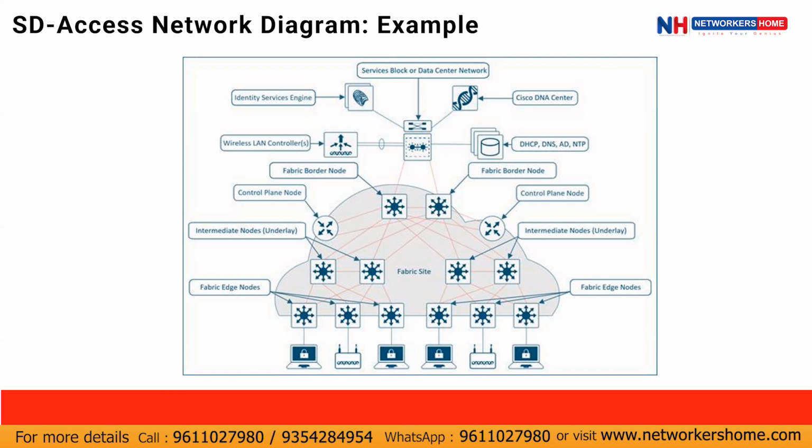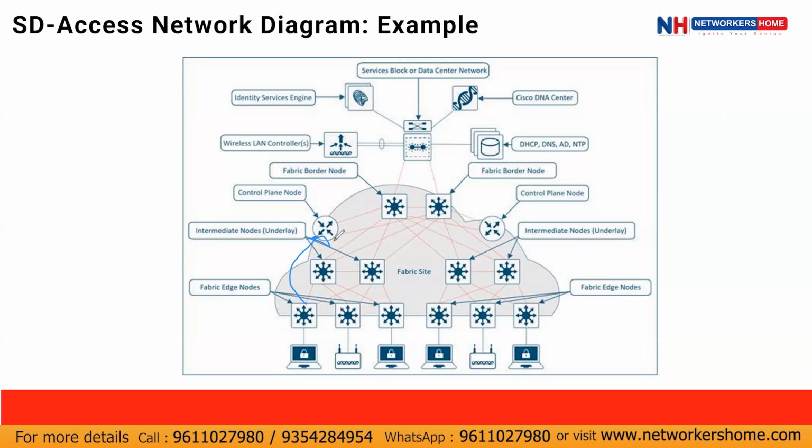Pranav, in this diagram, the control plane and edge. If some user connects or disconnects at the edge, it has to go to the control plane, so it has to go to the border first? No, the first thing it goes to is the control plane node.